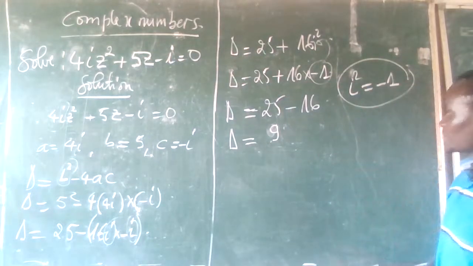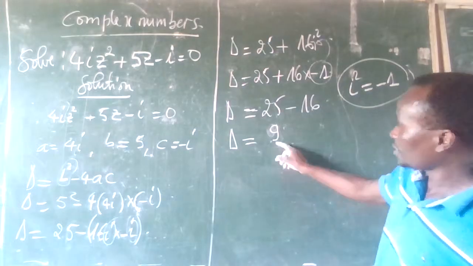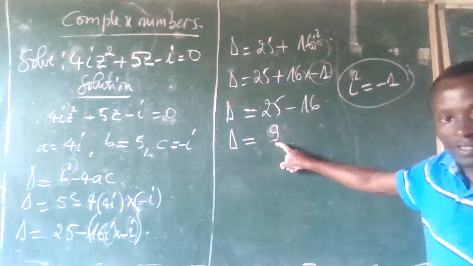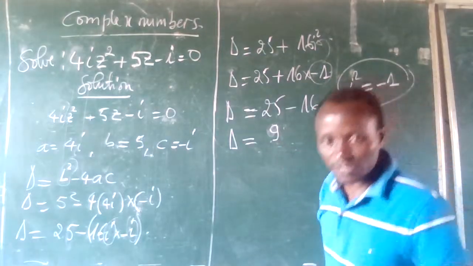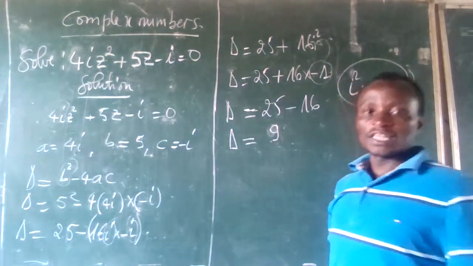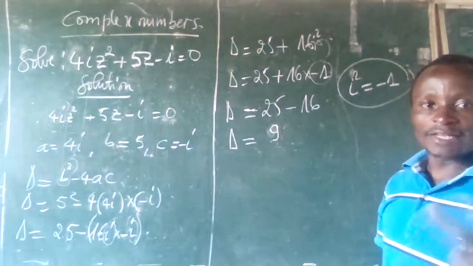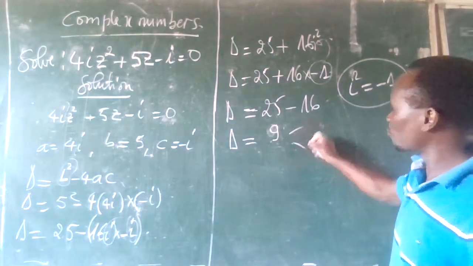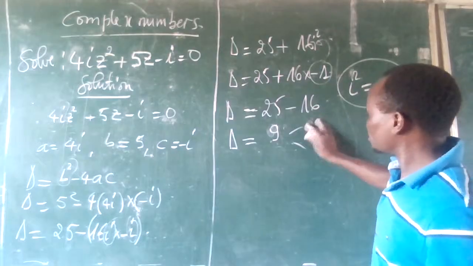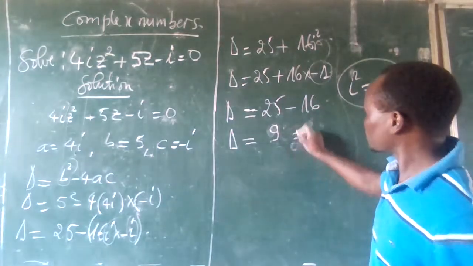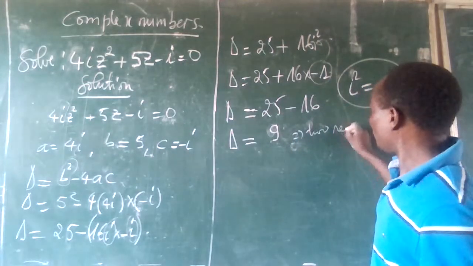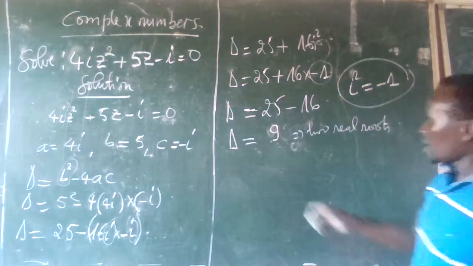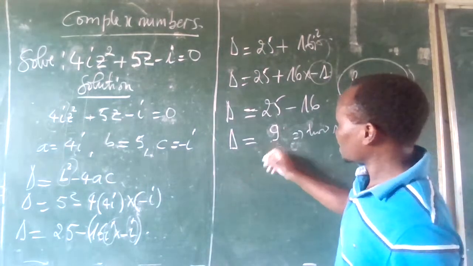Then finally, if our delta is greater than 0, what is the nature of the roots? It should be two real roots. It means we have two real roots because our delta is greater than 0.